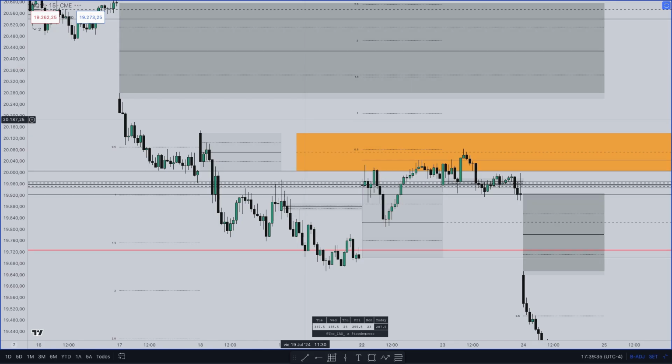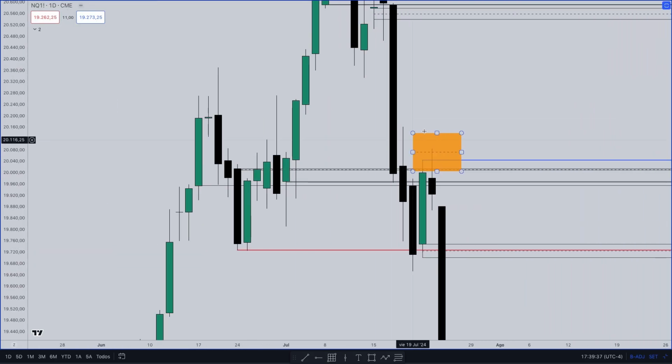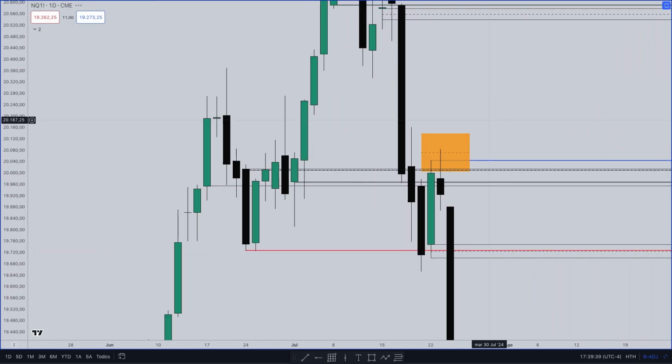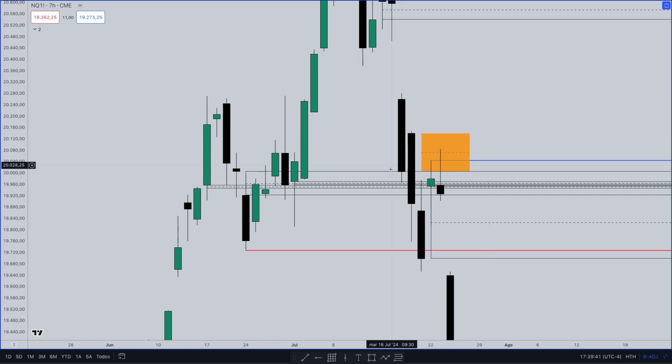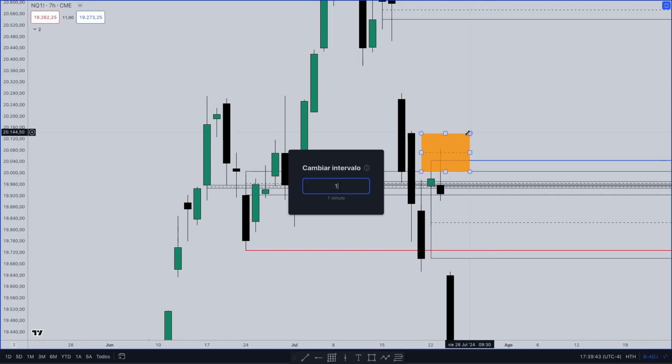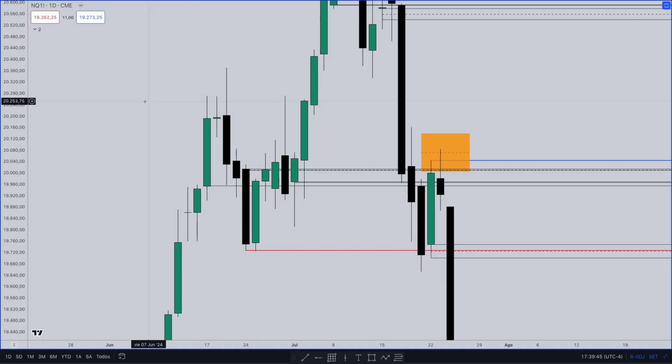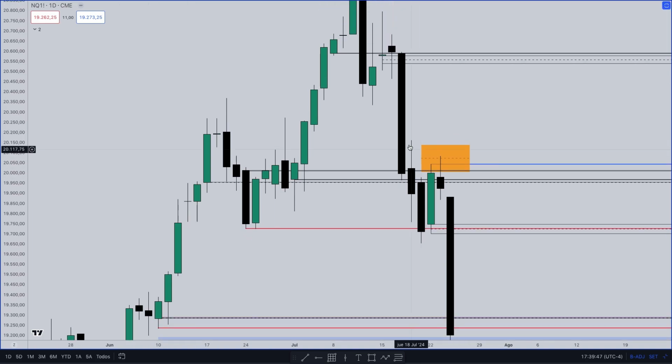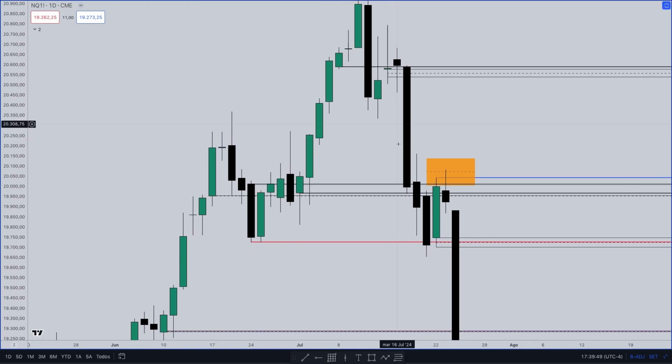And you can see that on the daily chart, on the 7-hour chart here. And look, for example, on an electronic trading hours chart, most of the traders were trying to reprice this.